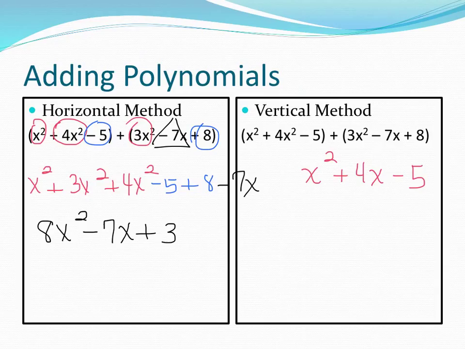Let's go back here, put the x squared on the 4, and we're going to move this 4x squared to go under the x squared term because those are like terms. So we're moving that 4x squared.